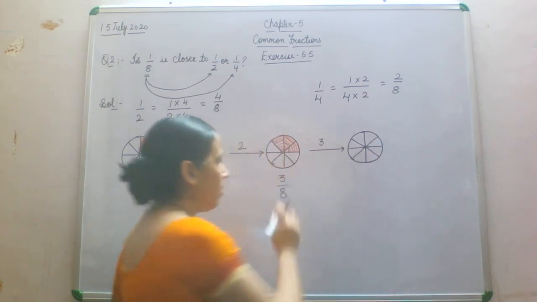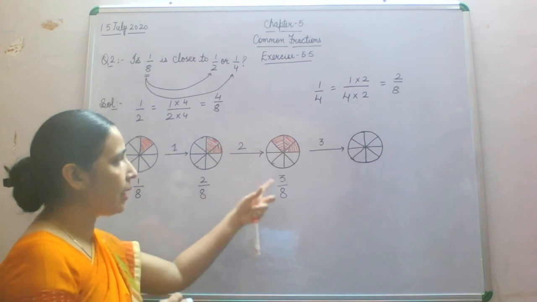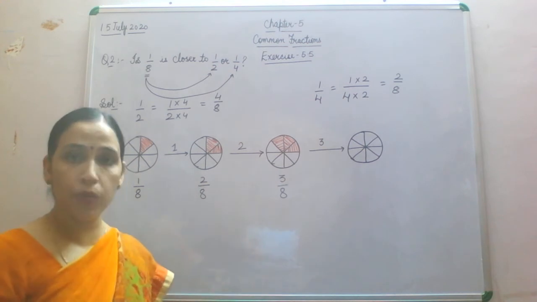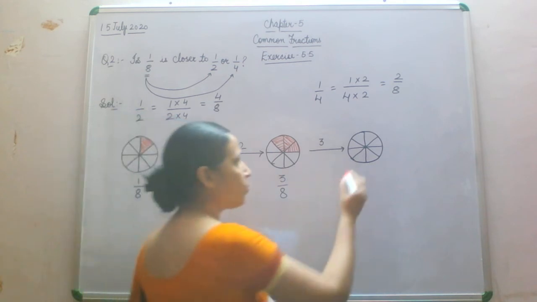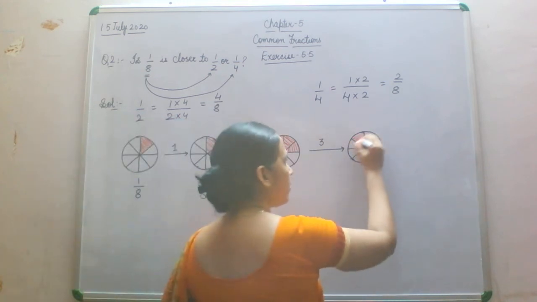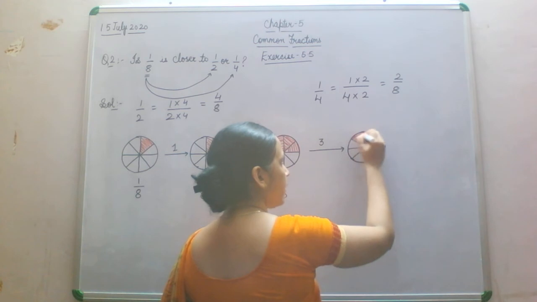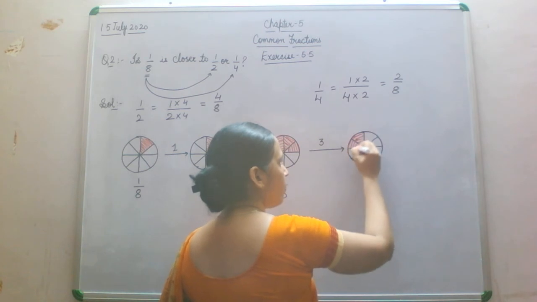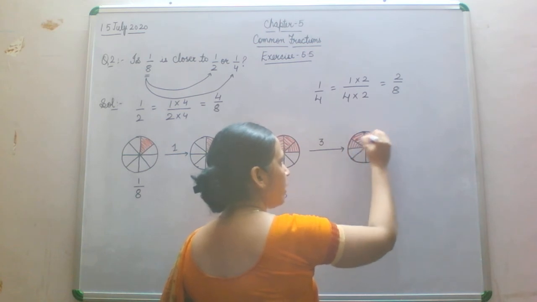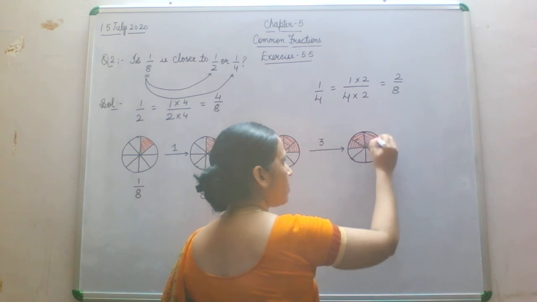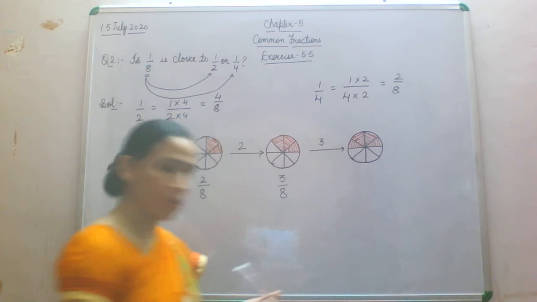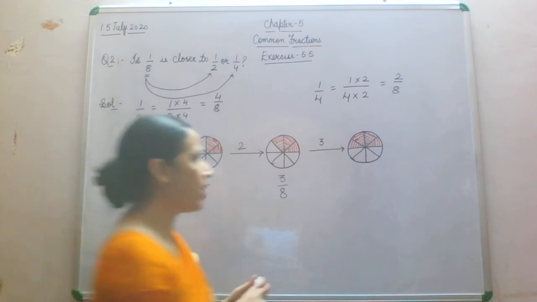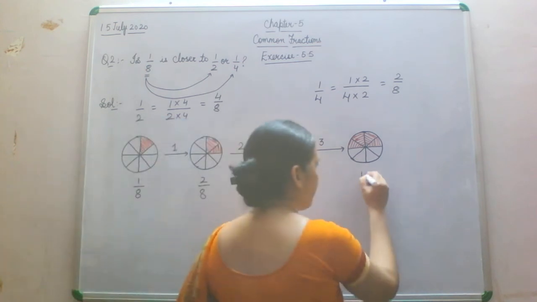Now adding 3 by 8 plus 1 by 8, what will you get? 4 by 8. To represent 4 by 8, how many parts will you shade? 4 parts. So here we will shade 4 parts: 1, 2, then 3, then 4. So now we have got 4 by 8.